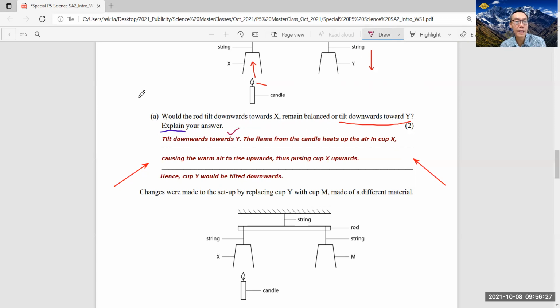Or the air, as mentioned here, air in cup X is being heated up, so it rises up. So as it rises up, it pushes this cup X upwards because they are connected to the other side, right? So cup Y would be tilted downwards. Okay? So I screen shared, saved this, and sent to everyone this answer.